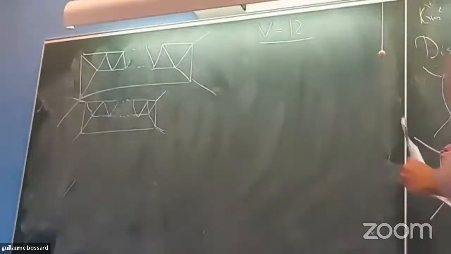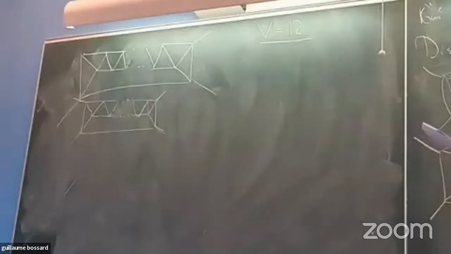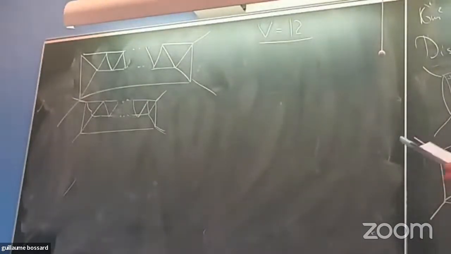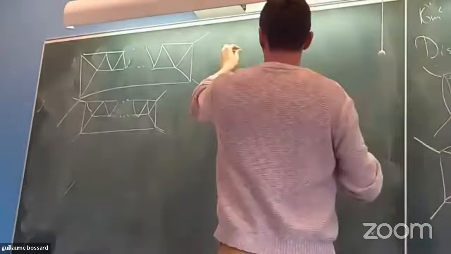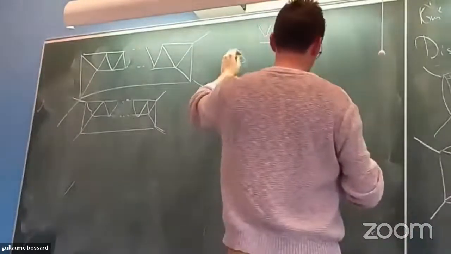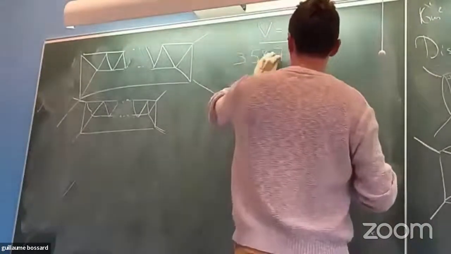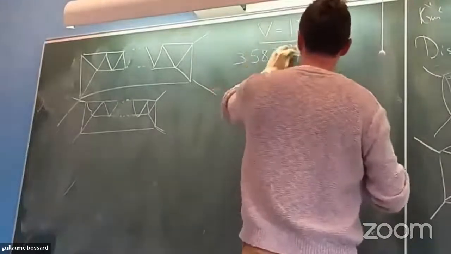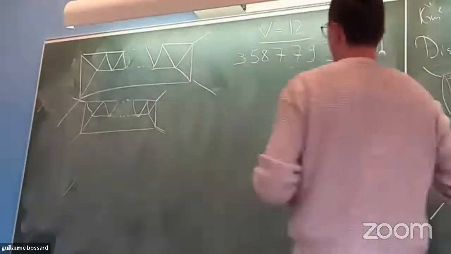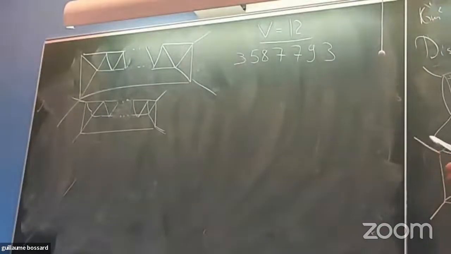So first you generate the complete number of graphs without, say, something we call bubble chains. It's some trivial way to reduce the graph, doesn't matter. But the complete number of graphs here is 3,587,793. So it's a lot of graphs.